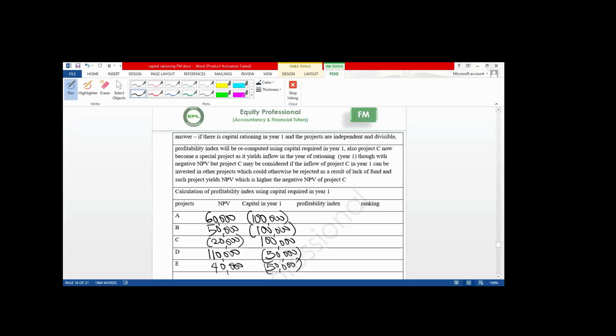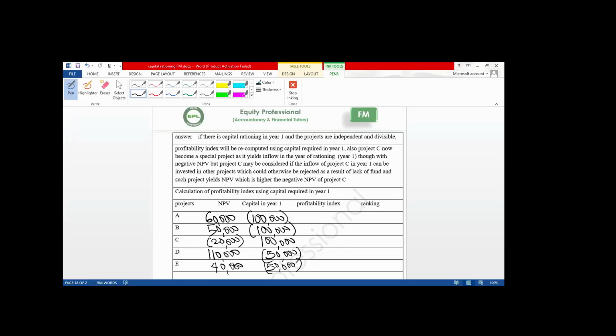Now, please listen to this very well. Examiners say, now year 1 there is capital rationing, meaning capital is not sufficient. You now observe that project C in year 1 will generate 100,000 naira.